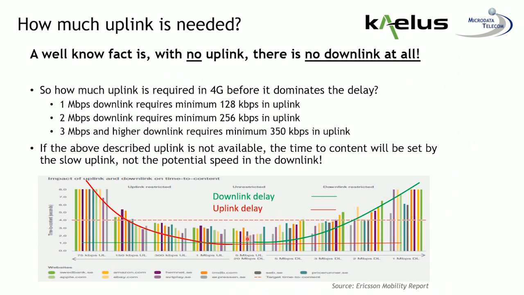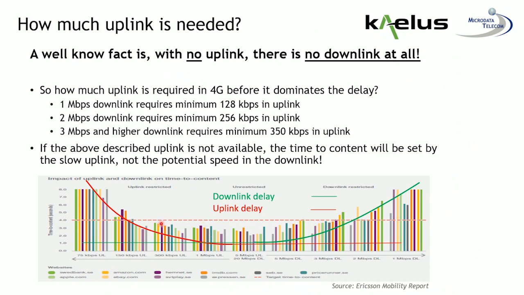Going the other way is quite interesting. Going from 5 meg uplink to 1 meg uplink, we can see that the delay is almost unchanged. So obviously 1 meg in uplink is easily enough. It's good enough to serve the downlink.